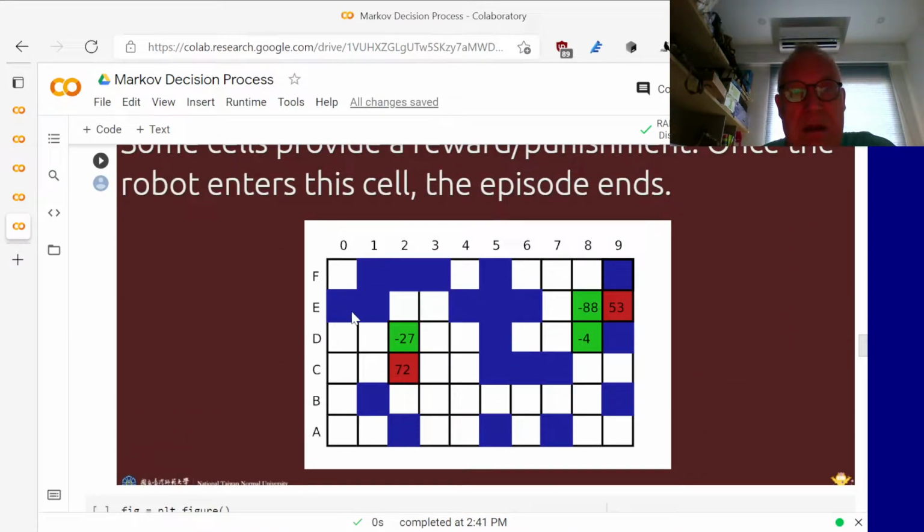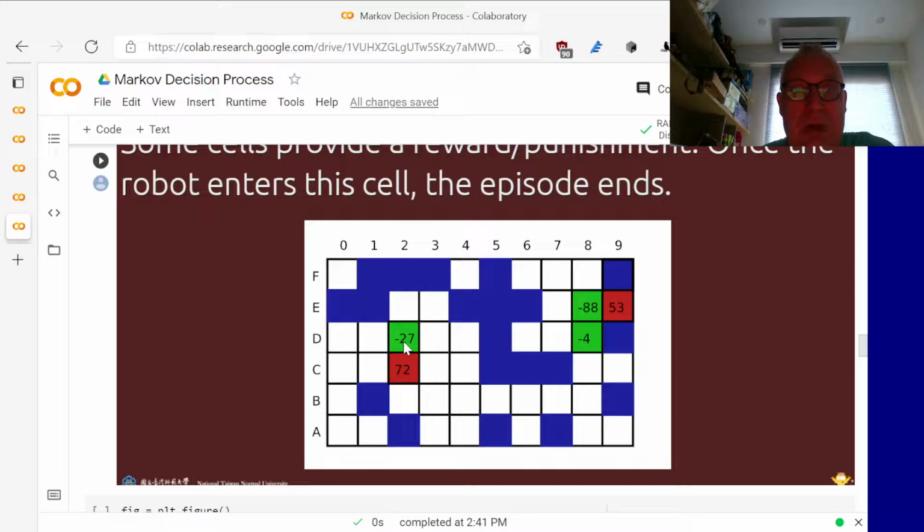So here, each one of the blue cells will be in the set of obstacles, and it'll be recorded as y coordinate 0, 1, 2, 3, 4, 5, and x coordinate from 0 to 9. And similarly, the rewards have the coordinate as well as the amount of reward that we hand out.